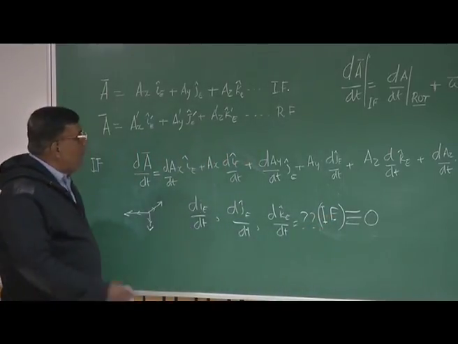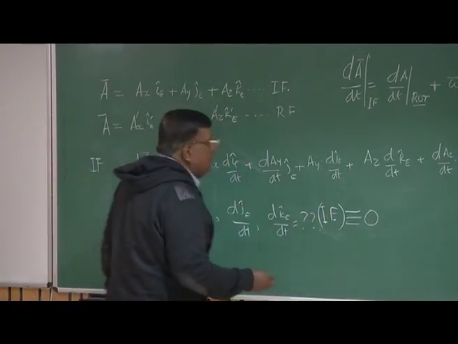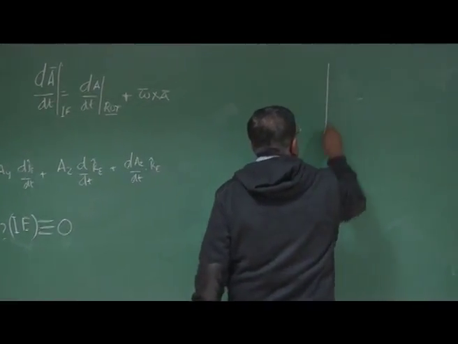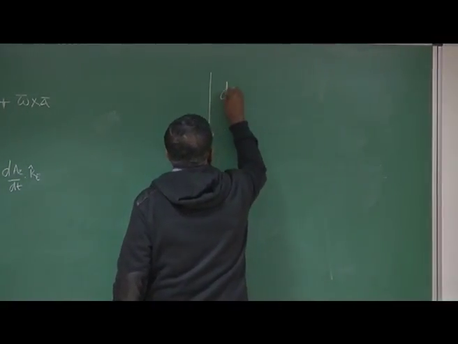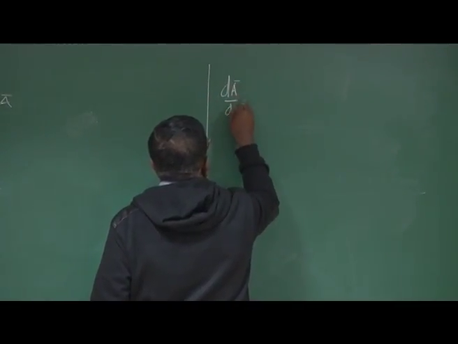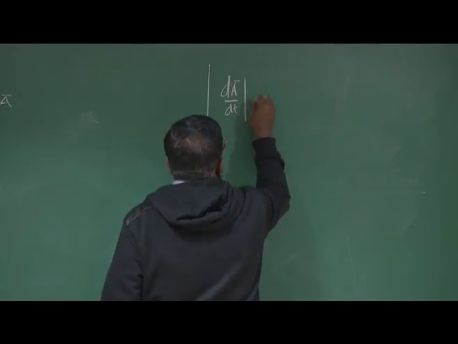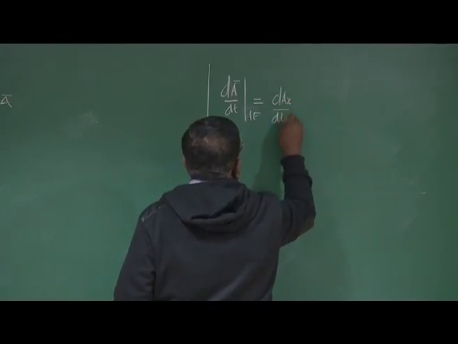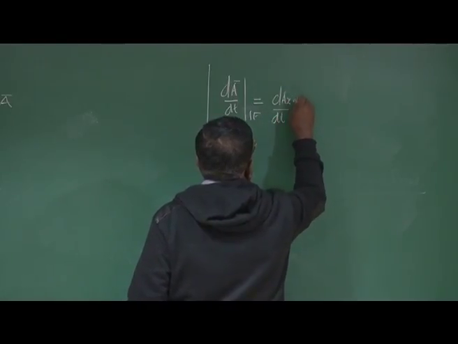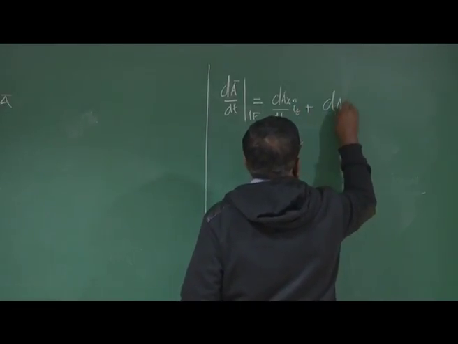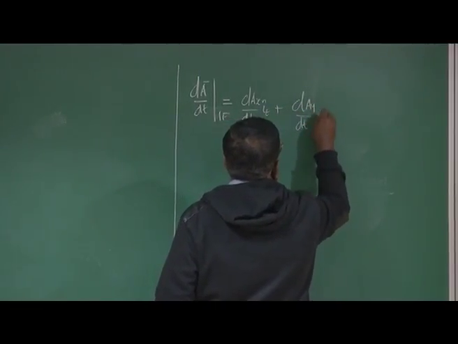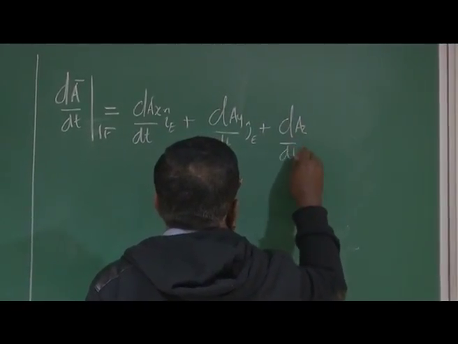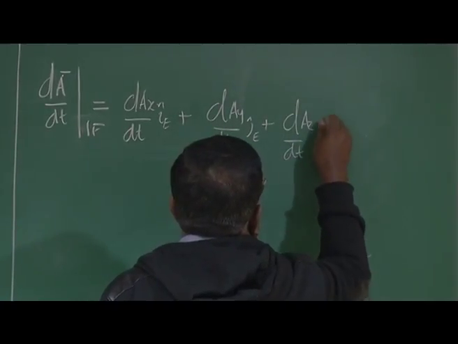So this is 0. What will happen to dA/dt? Let me write it here so that I can use it appropriately. dA/dt in the inertial frame is as simple as dAx/dt i_E plus dAy/dt j_E plus dAz/dt k_E.